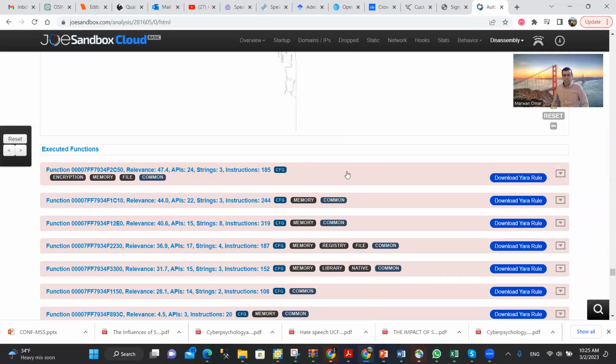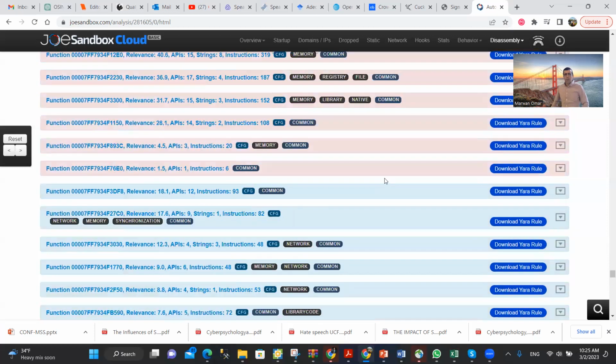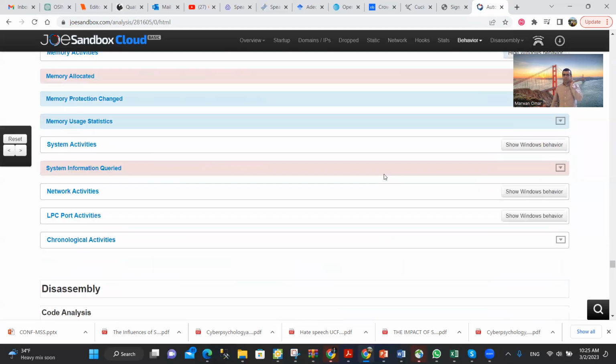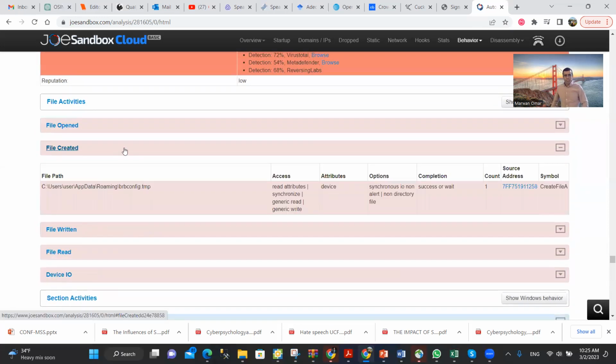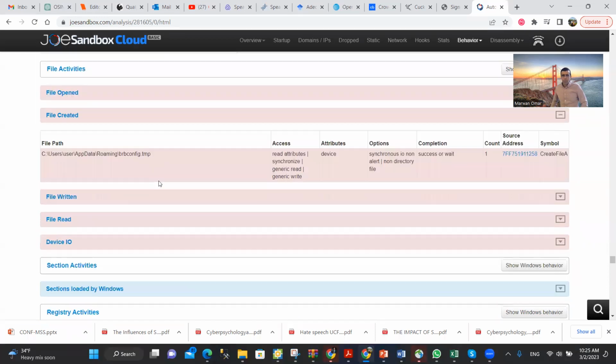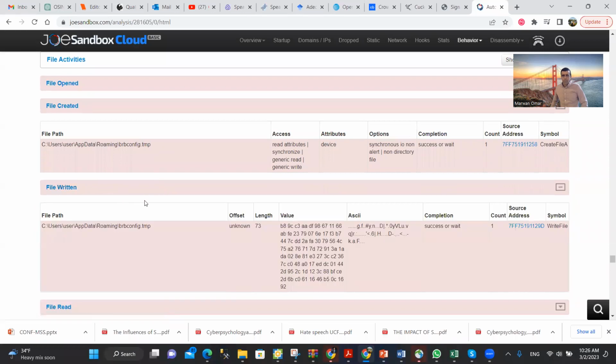And these are some of the API calls. So we can keep browsing through this to understand how, when was this file created, for example. File written.